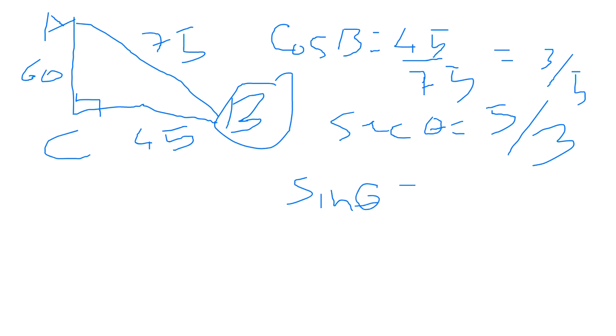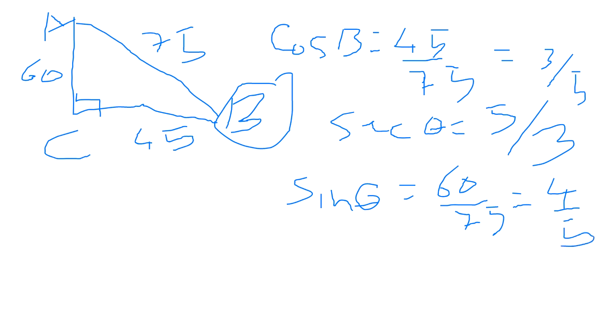Sin theta will be opposite over hypotenuse. So it will be 60/75, which will be 4/5.